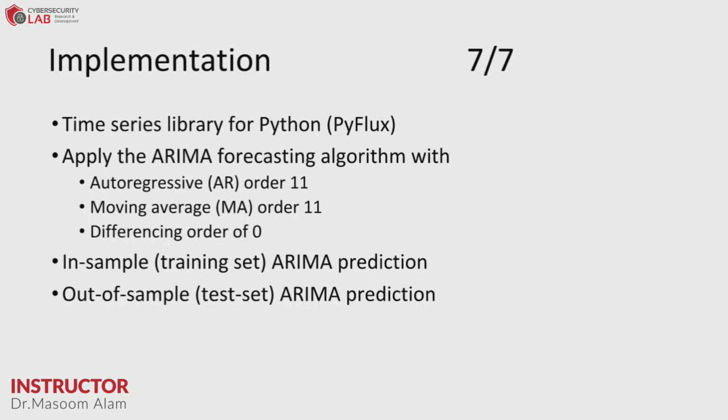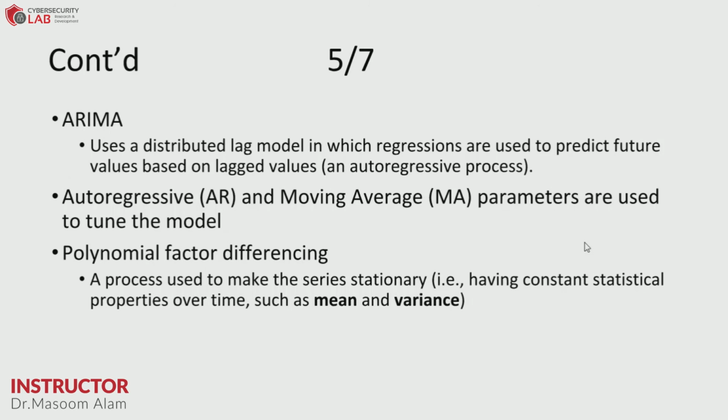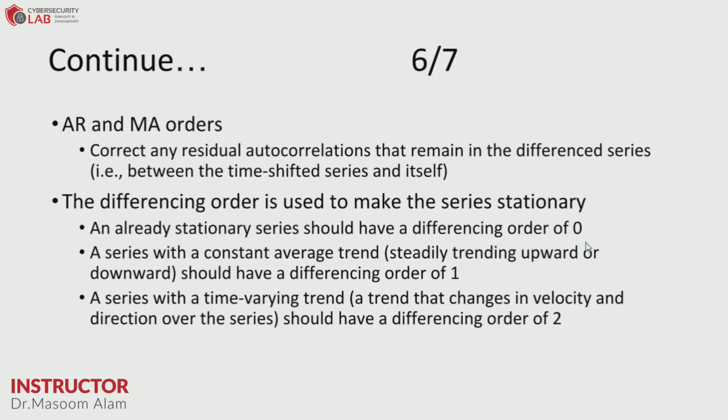ARIMA uses a distributed lag model in which regressions are used to predict future values based on the lagged values. It has 2 very important parameters, the autoregressive and the moving average parameters, that are used to tune the model. It also has a polynomial factor, differencing, which compares the new values with the previous time series values.